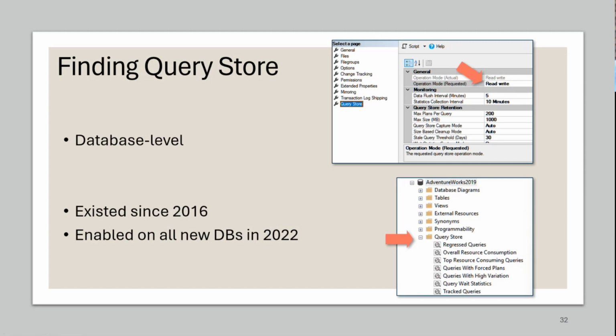There are settings here that you can evaluate if you need to; they define how often it collects data, how often it's written to disk, that sort of stuff. Query Store has existed for several versions of SQL Server now. In 2022, any new databases have it automatically enabled. Once you have it running, the default reports show up underneath our database.